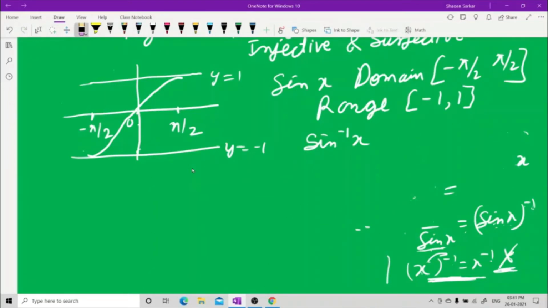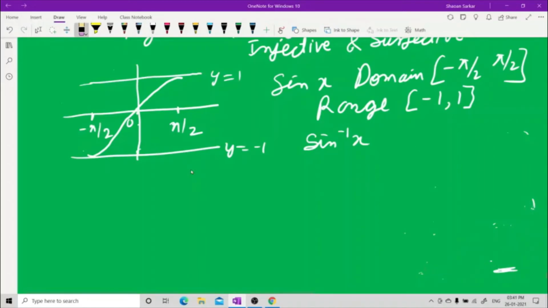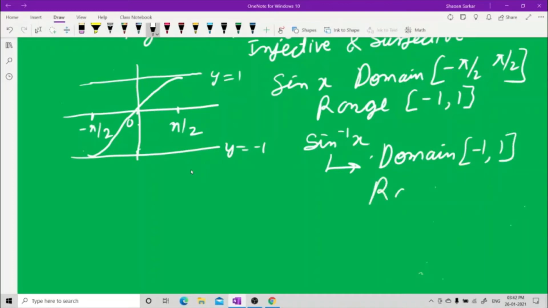Now let us see what would be the domain and range of my sine inverse. It will just interchange. See, now this will be the domain of sine inverse x. The domain will be -1 and 1, and range would be minus pi by 2 to pi by 2.